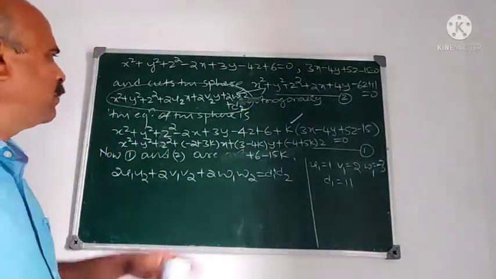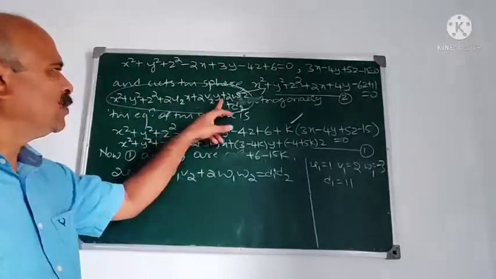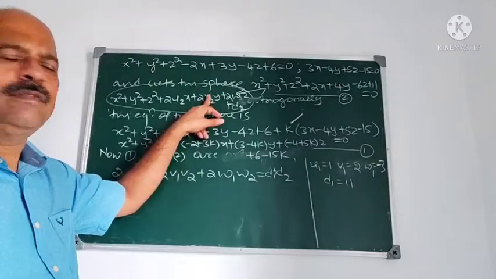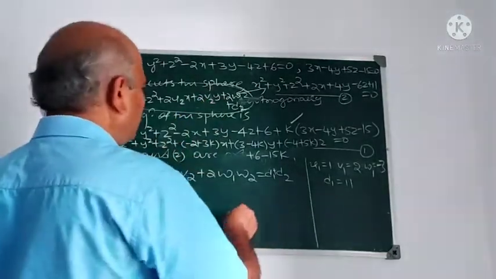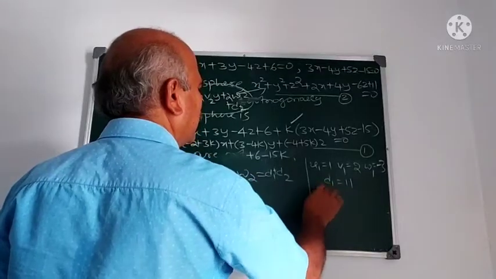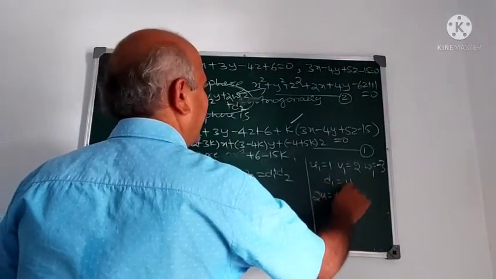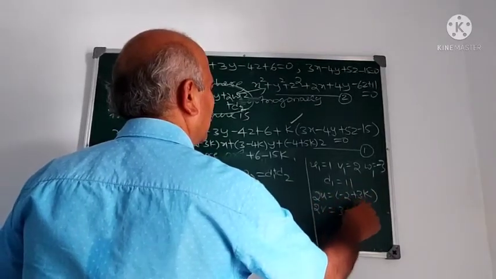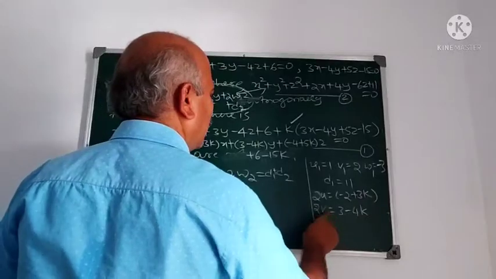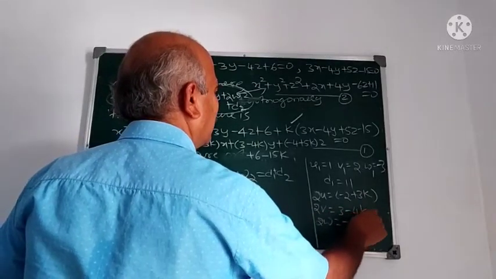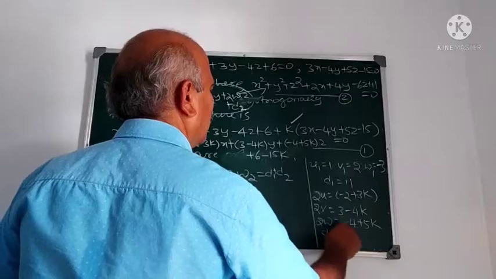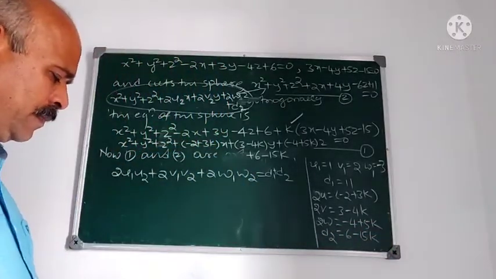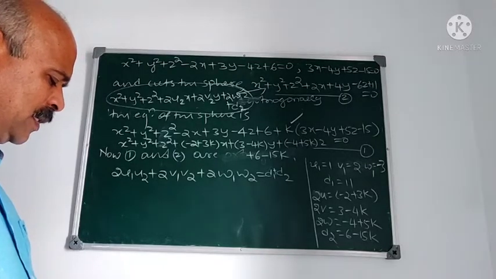These two are the circle of spheres now. So what do you get? 2u2 is minus 2 plus 3k, 2v2 is 3 minus 4k, 2w2 is minus 4 plus 5k, d2 is 6 minus 15k. Correct?